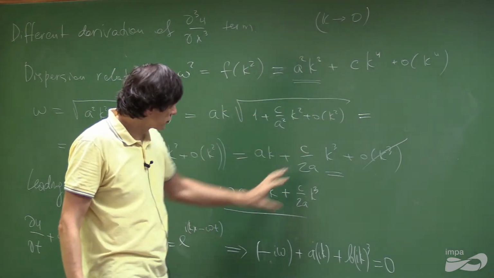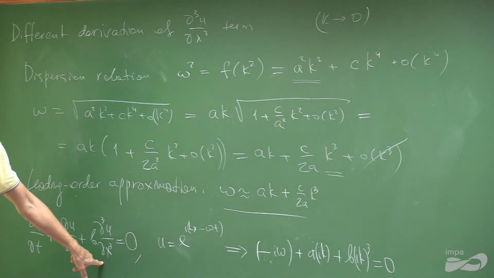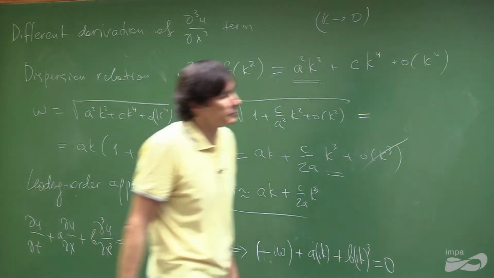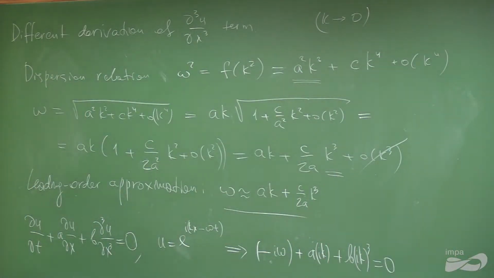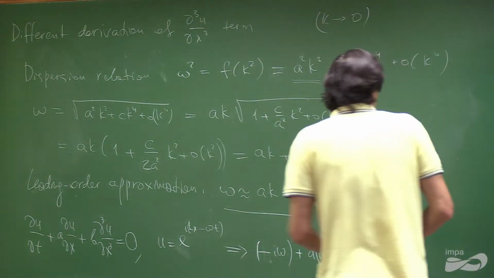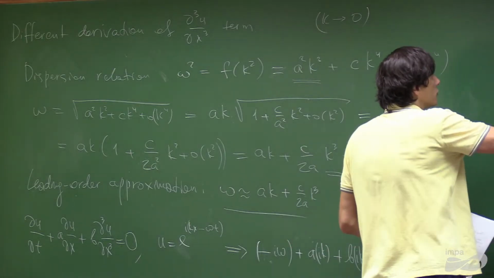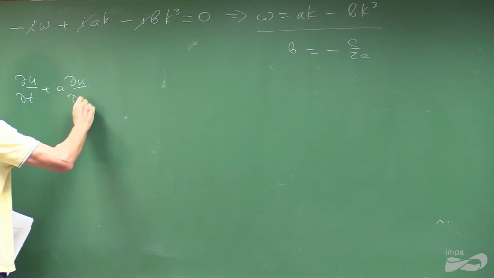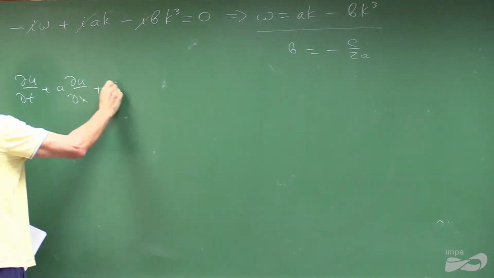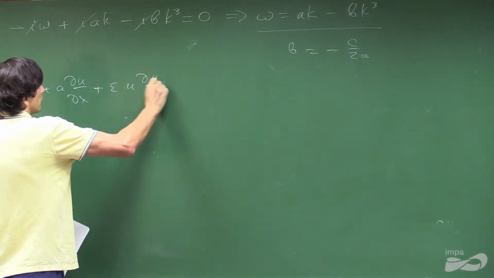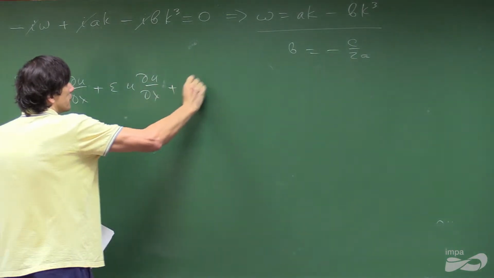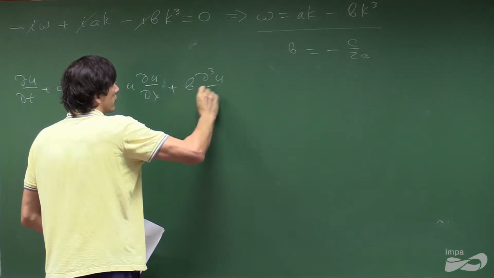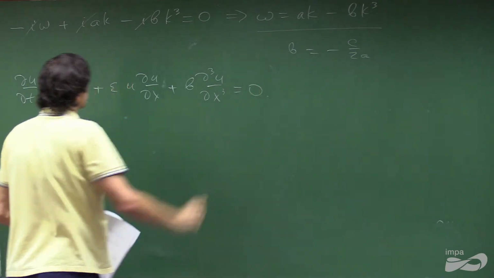And for the derivation, the next term is directly described by the third derivative. So anyway you go, you come to that equation. So we have an equation which is du/dt plus a du/dx plus epsilon u du/dx plus b d³u/dx³ equals 0.